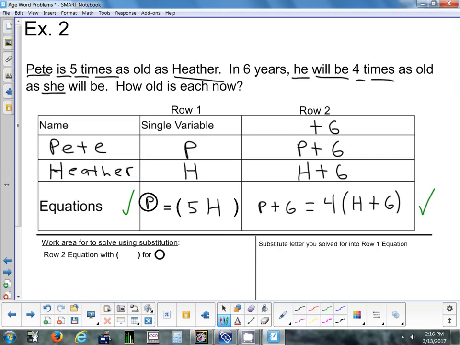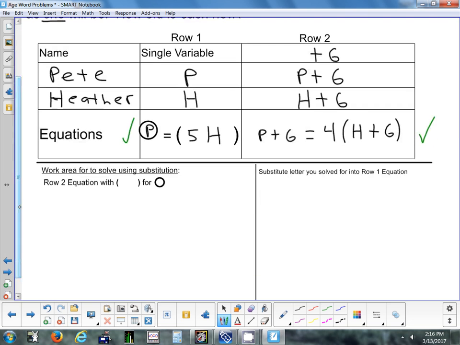All right. Trenton, can you tell me what I do next? Just tell me the general idea. This is the whole meat and potatoes of the problem. What are we doing now? Yeah, we're substituting.